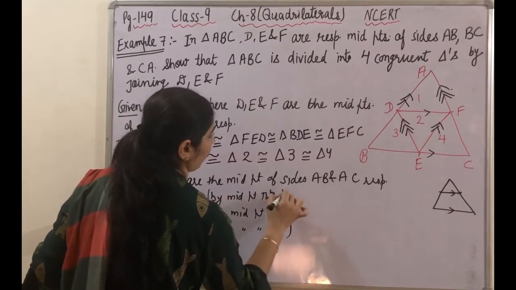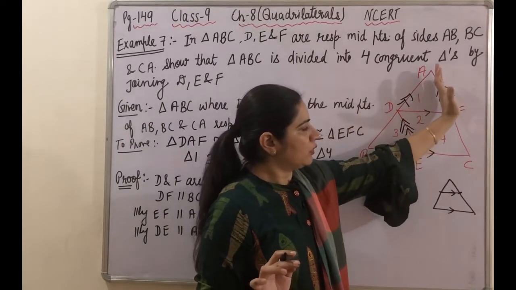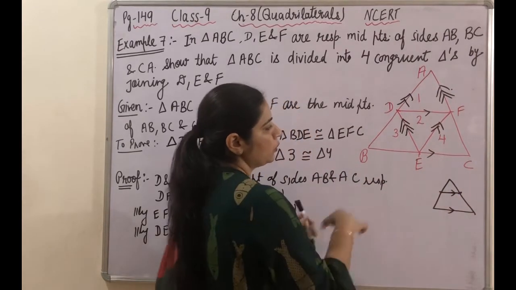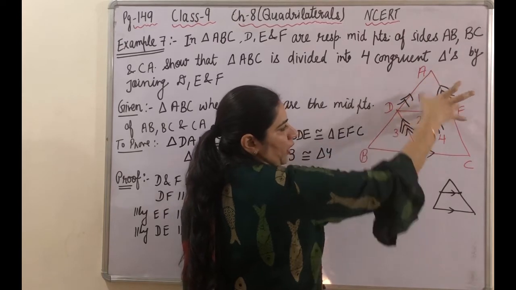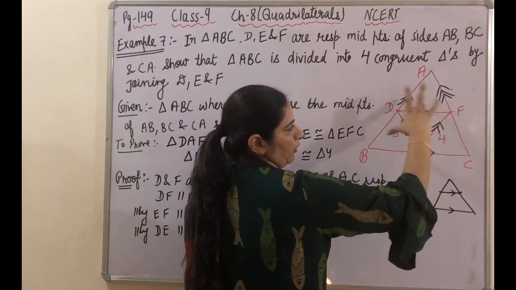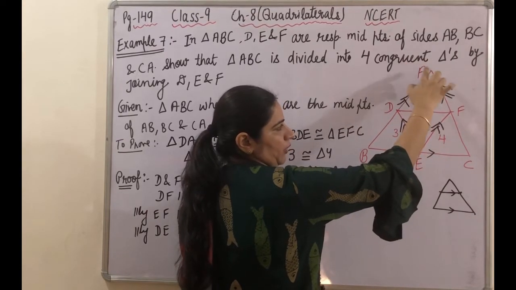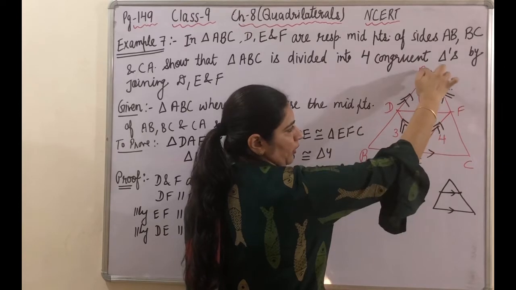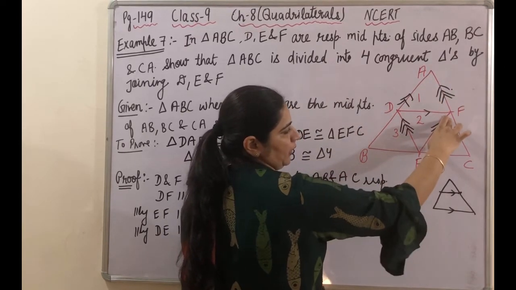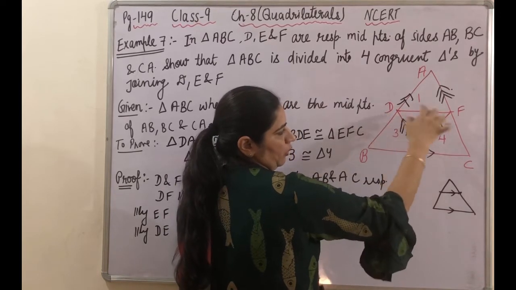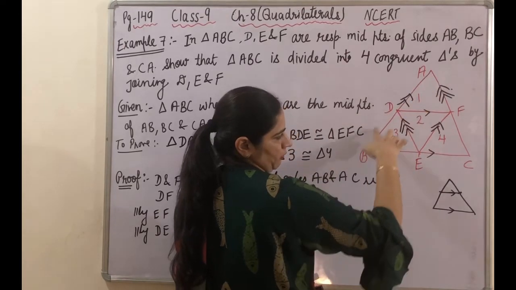Now just see, if DE is parallel to this complete line, and similarly this is parallel to the complete line, I can use these results. In this parallelogram I will take this side. To prove this parallelogram, I will take AD parallel to EF, because EF is parallel to the complete line AB.